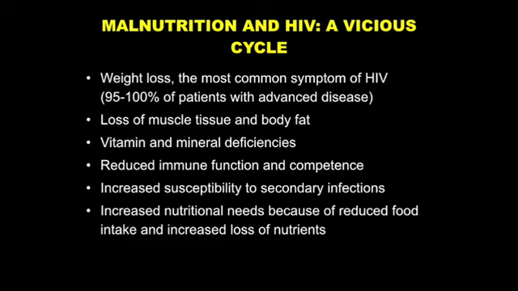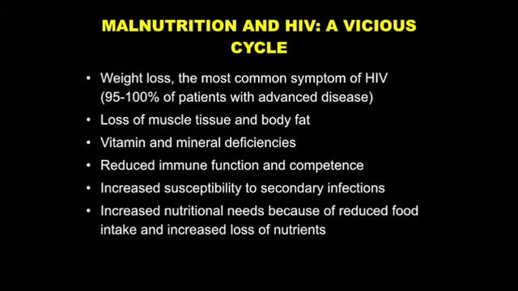If you find most children or adults with advanced HIV disease, between 95 and 100% of them report weight loss. It's very difficult to find someone with advanced HIV who is well nourished. So that combination is rare. When you have advanced HIV, malnutrition is in the picture.